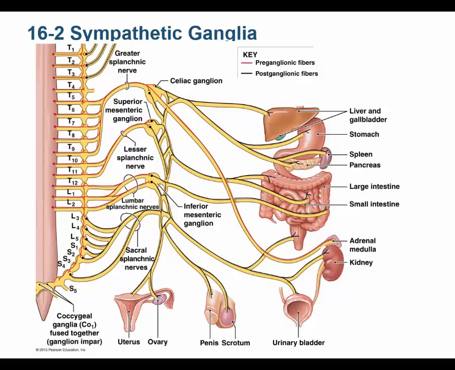Now look at this. Look at my splanchnic nerve. I have a greater splanchnic nerve going to the celiac ganglia. I have a lesser splanchnic nerve going to the superior mesenteric ganglia. I have lumbar splanchnic nerves going to the inferior mesenteric ganglia. I have sacral splanchnic nerves.